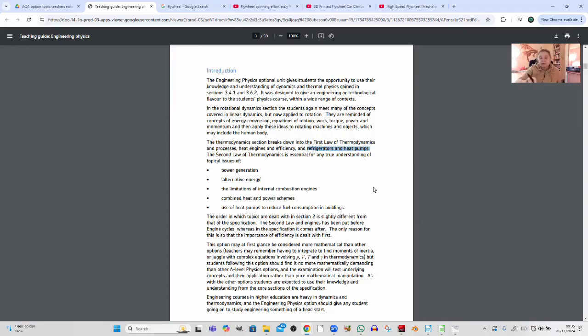Okay, so we've got heat engines, and then they talk about the various different issues that are associated with the second law of thermodynamics. So the second law of thermodynamics is about something called entropy, which we'll cover when we get to that bit. Entropy is a measure of the disorder of a system, and the universe has a tendency to increase the disorder of a system without requiring any input to do that.